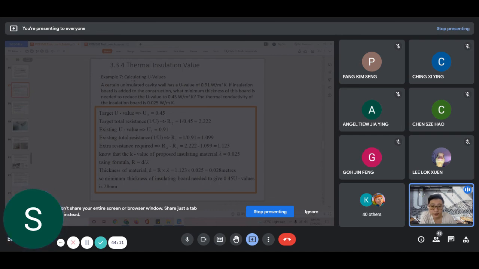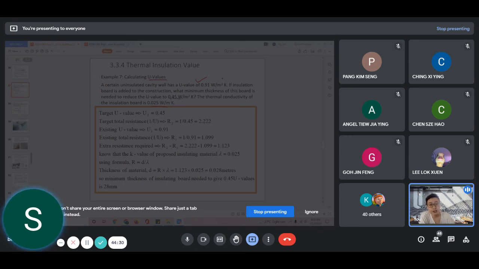So we have example 7, calculating the U value. What if we are given the U value, and we are also given an insulation board, and we actually want to reduce the U value?